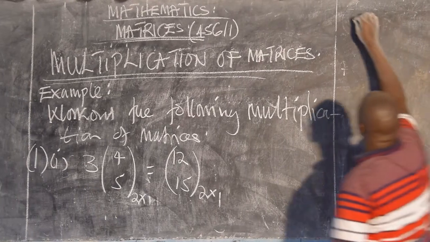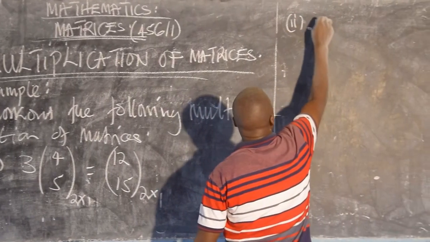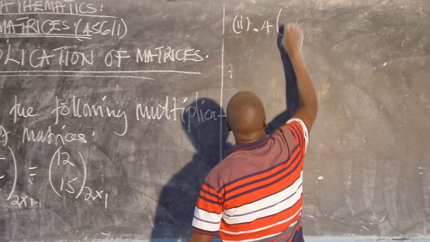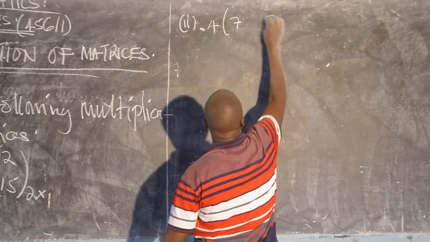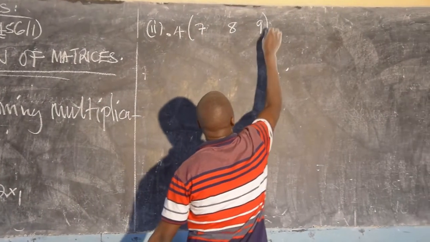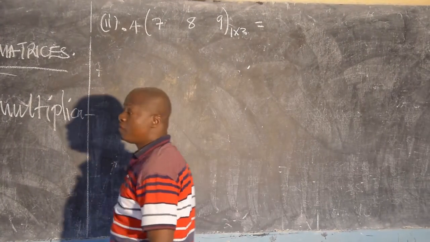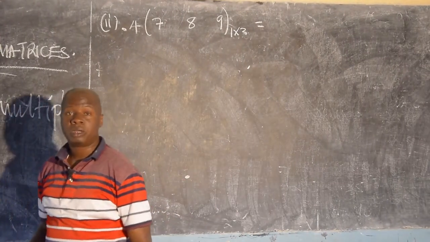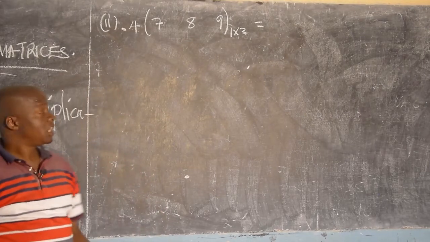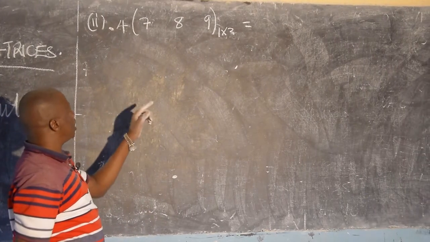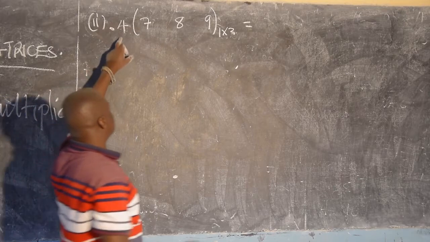Roman number 2. If we have 4, then it's 7, 8, 9. This is a 1 by 3. But that effort is a scalar multiple. What does it mean? Every element within it will be affected.